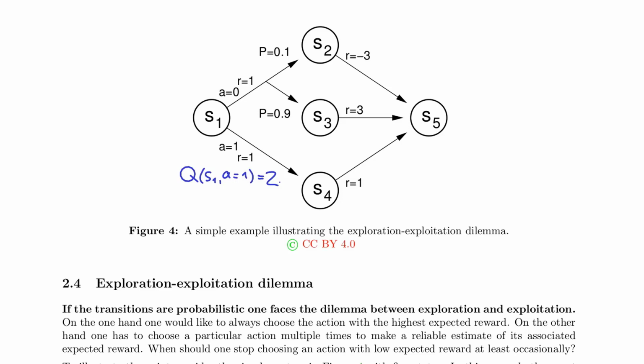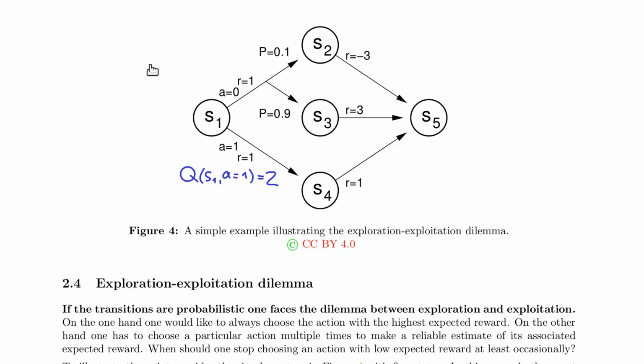Now let's assume, and this is something that the agent can figure out by going through there once, right? But let's assume it has tried 4 times the 2 actions A equals 0 and A equals 1, with equal probability. So it has chosen this twice and this twice. Now if it chooses this twice and it once goes over the top path here, and once it takes this lower path here, right?